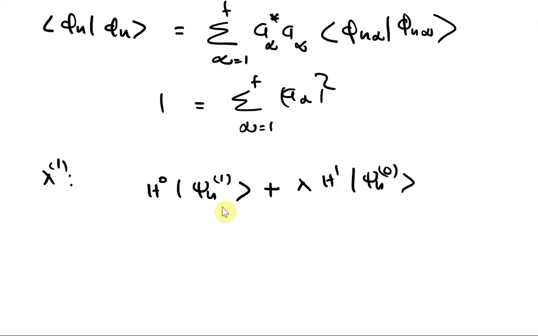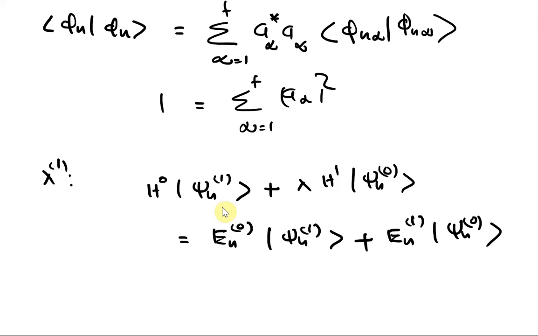So this is equal to, here you will be having En0 and phi n, not phi n1, it's perturbed, so psi n1 plus En1 psi n0, or phi n, whatever, psi n0.